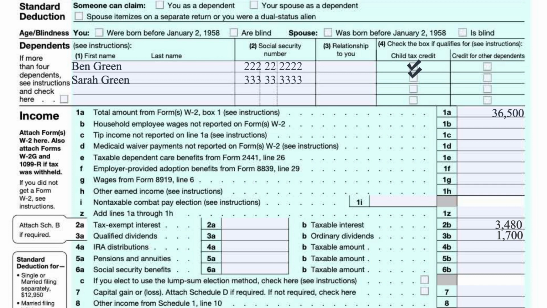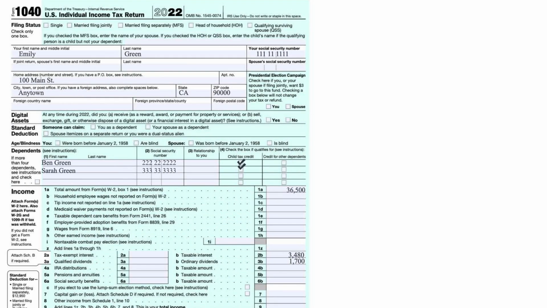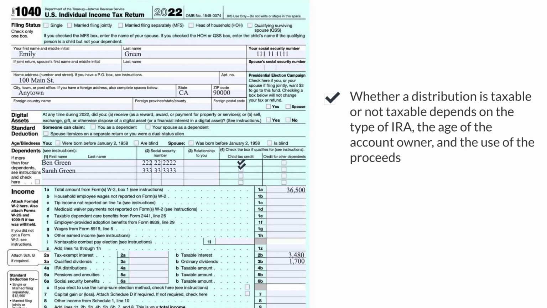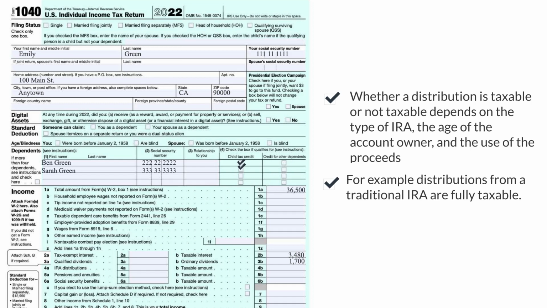So moving on to the next line, where IRA taxable distributions are entered. Whether a distribution is taxable or not taxable depends on the type of IRA, the age of the account owner, and the use of the proceeds. For example, distributions from a traditional IRA are fully taxable.